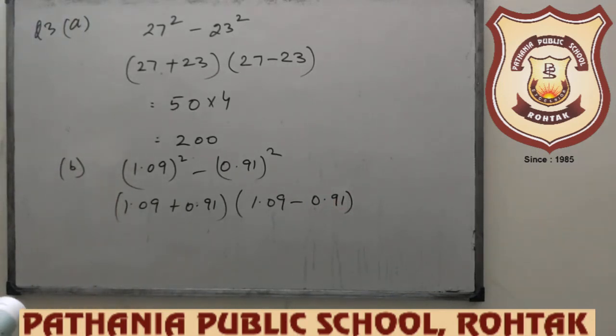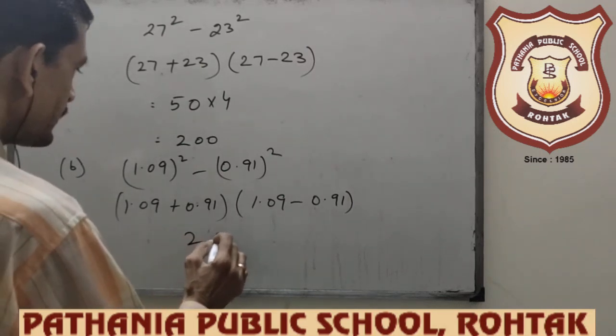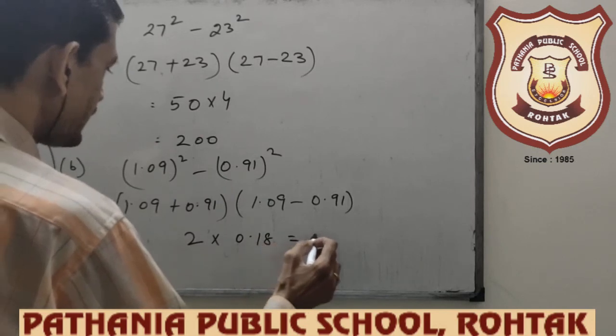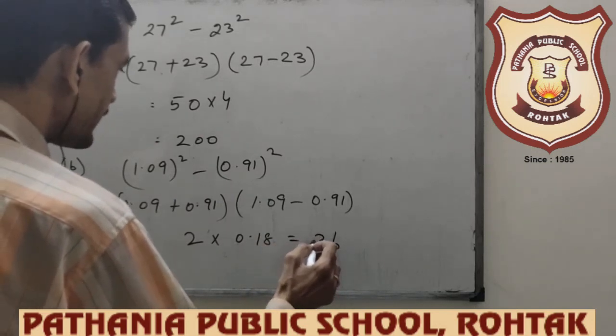Now you can calculate this, add both the numbers, and then multiply. So what is 1.09 plus 0.91? It is 2. And 1.09 minus 0.91, that is 0.18. So in the last write 2 into 0.18. So this is what? 0.36.